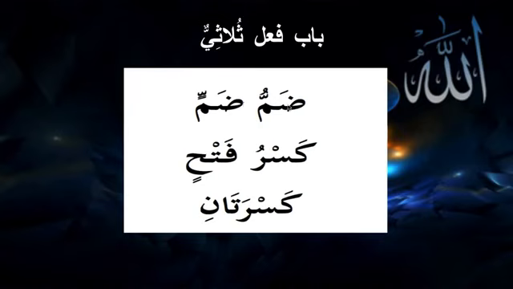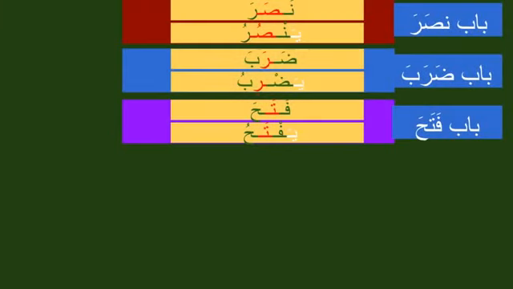The poem for this section is Dammu Dammin, Kasru Fathin, and Kasratani. Just to give you an overall picture of how to remember these things: whenever there is a Fatha in Madi, it has all 3 vowel signs in Mudariya. Fathu Dammin, Fathu Kasrin, Fatahatani means Fatha can go with Dhamma, with Kasra, and with Fatha again.